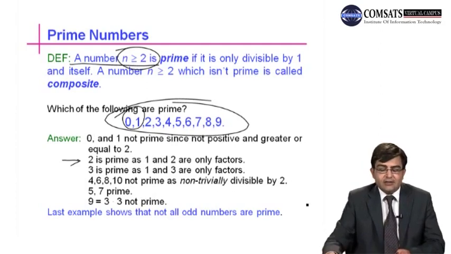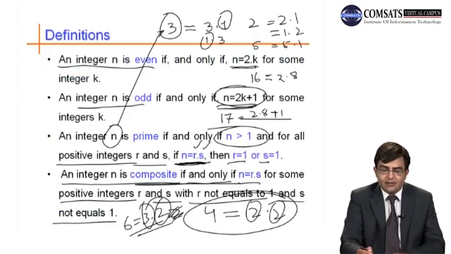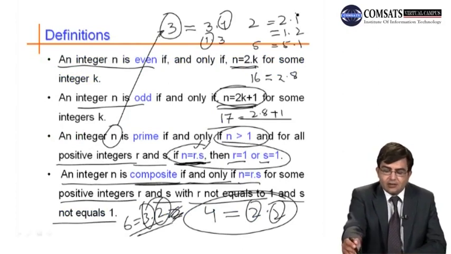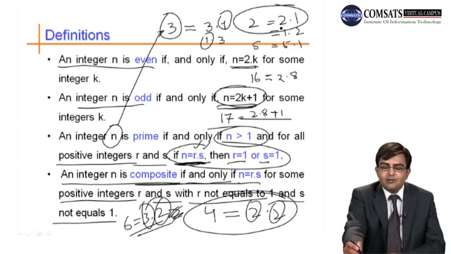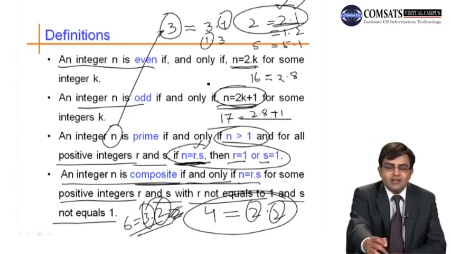What we said in the previous example is exactly the same as this, because 2 is prime and the factors of 2 are 2 and 1, meaning 2 is divisible by itself and 1, or 3 is divisible by itself or 1.